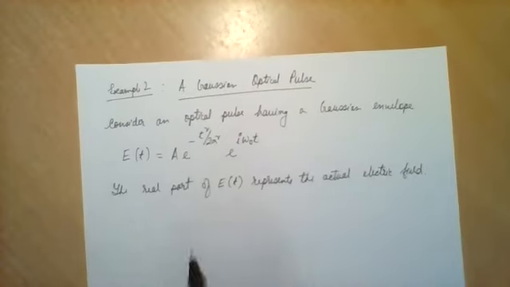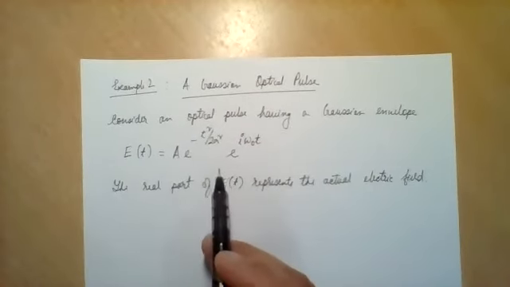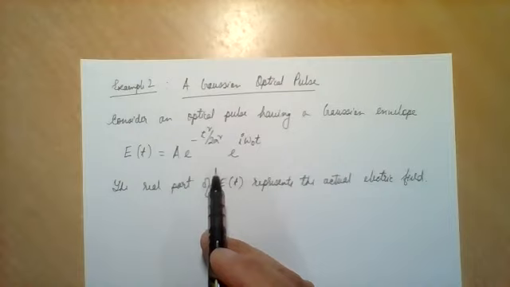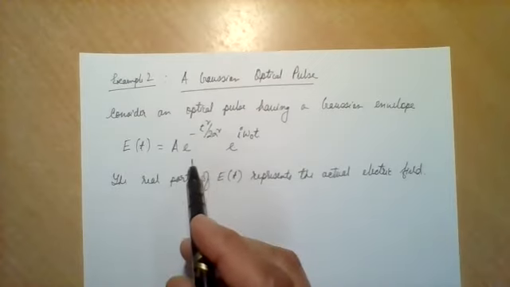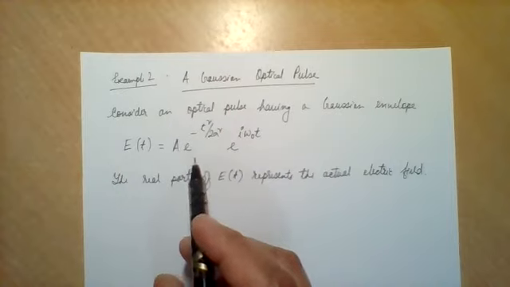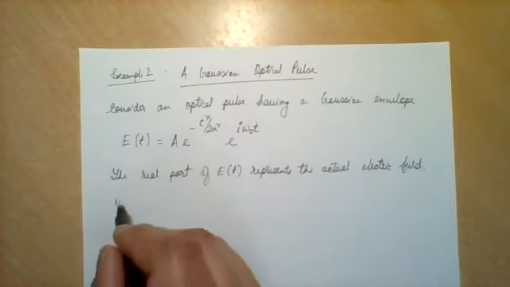So what is the Fourier transform of this Gaussian optical pulse? That Fourier transform will give us the amplitude of each frequency that is present in the pulse.